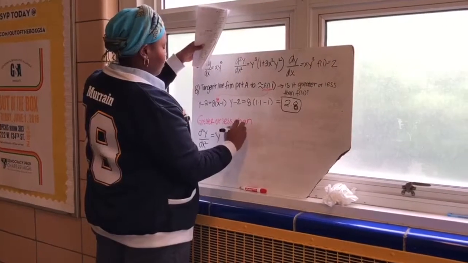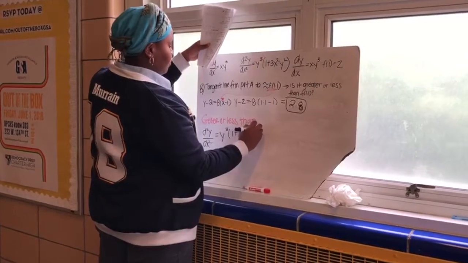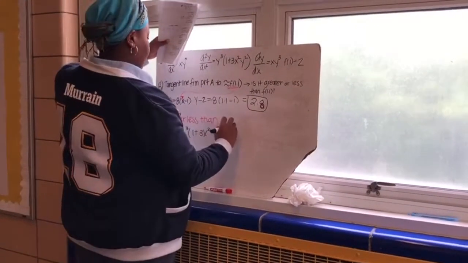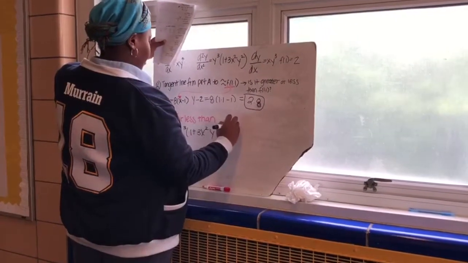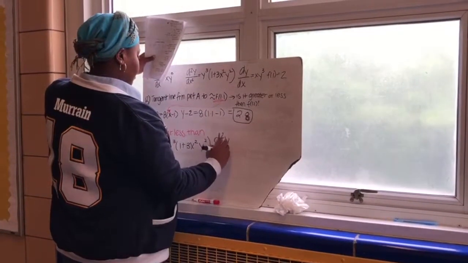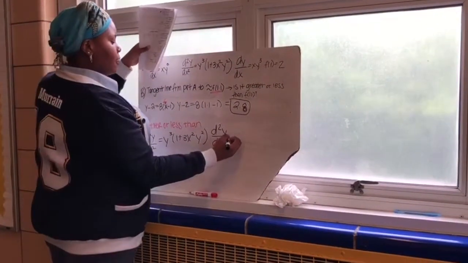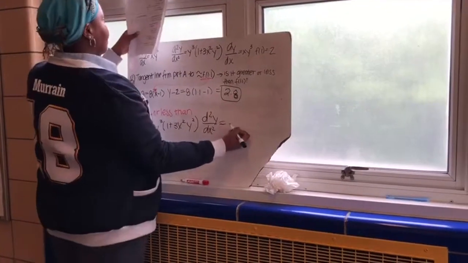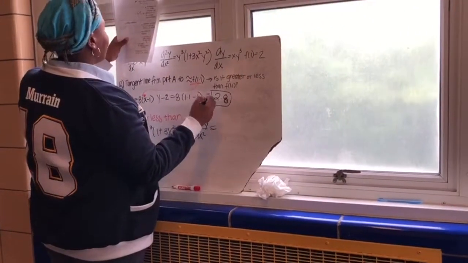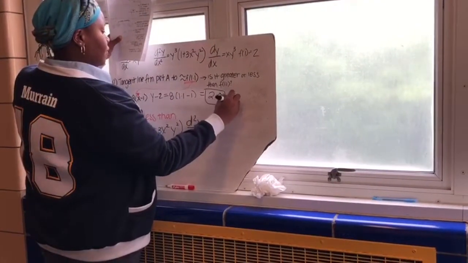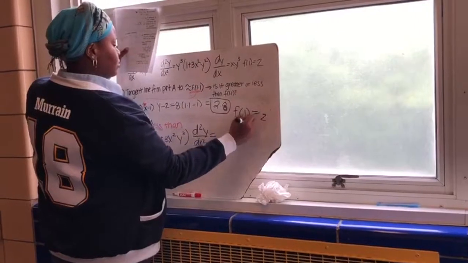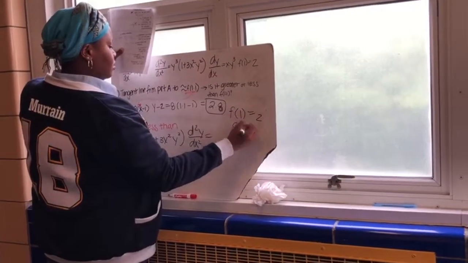We take the second derivative of y to the third power, parentheses 1 plus 3x squared y squared. So you're just taking the derivative twice of that equation, and you have to use the point 1 comma 2 as they gave to us previously in the problem.